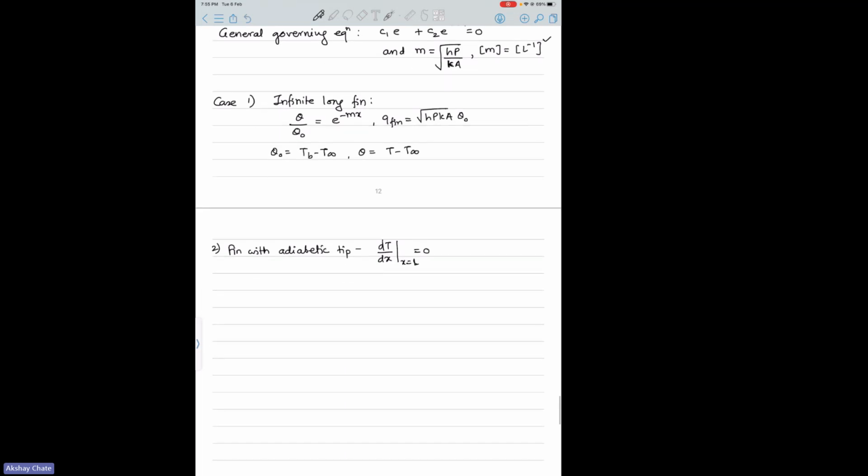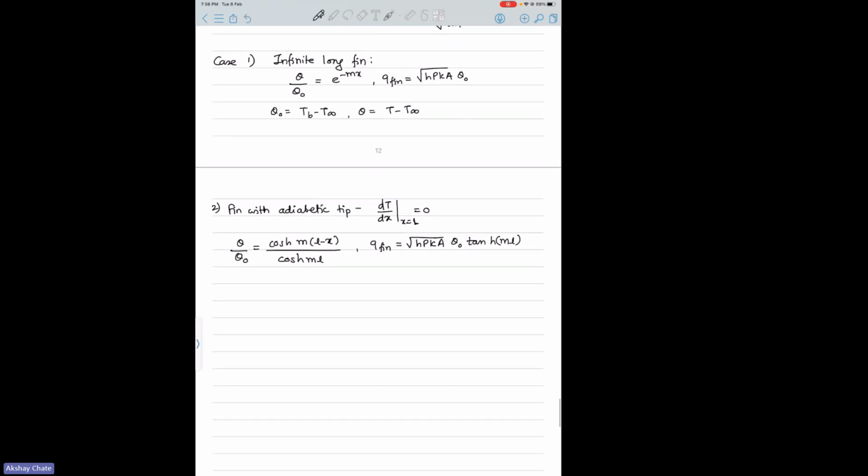And then you have theta by theta 0 as cosh m(L minus x) divided by cosh mL. And the heat transfer through the fin will be under root hpkA into theta 0 into tanh mL. Okay.